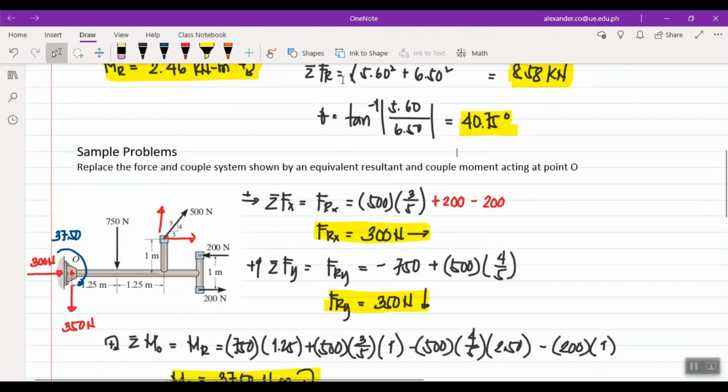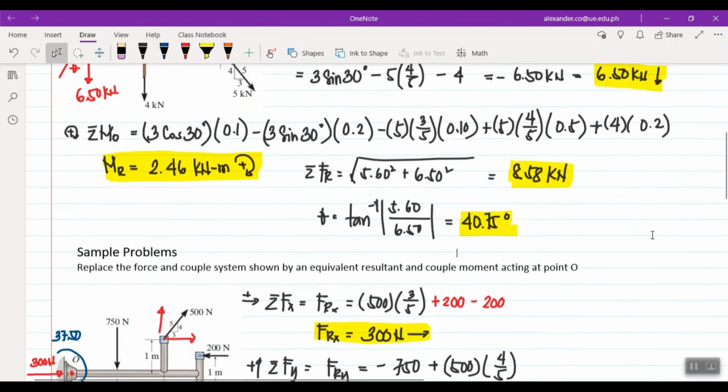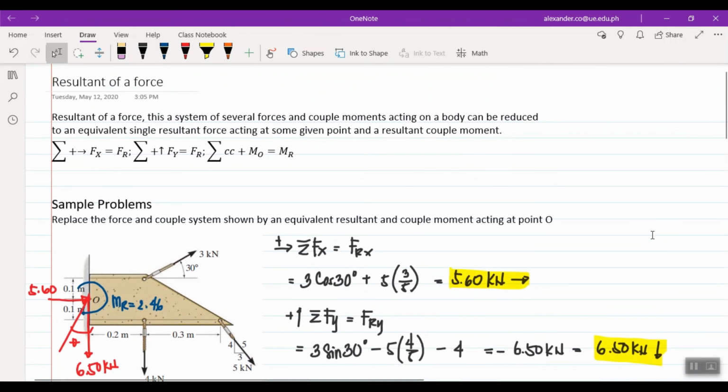Di ba? Kunin yung resultant, just get this, then inverse tangent, then that's it. Okay, so ganun lang, simple as that. If you want to have a recap, so ibig sabihin lang na resultant of a force, just get all the x component, that will be your resultant sa x. Get all the y component ng forces, kaya nga tinawag na resultant, that will be your resultant sa force due to y.